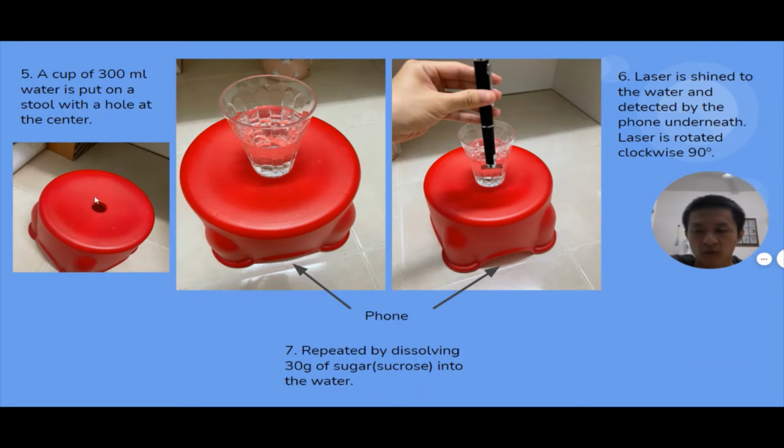There is a hole at the center so that when the laser is shined on the water, the laser can pass through the hole and be detected by the phone, which is put underneath the stool. And then the laser is rotated clockwise 90 degrees. We repeat these two steps by dissolving 30 grams of sugar into the water.